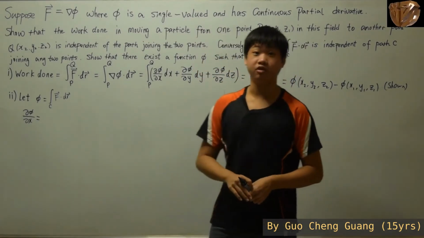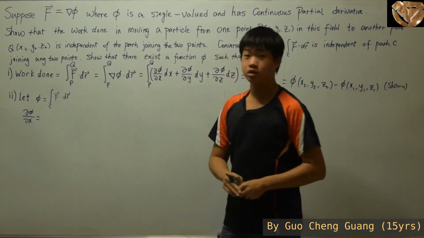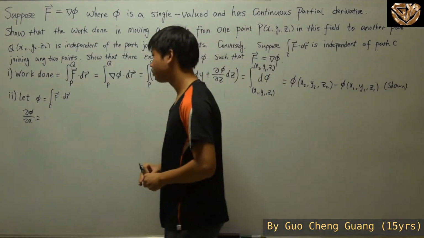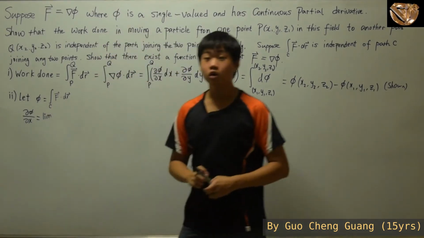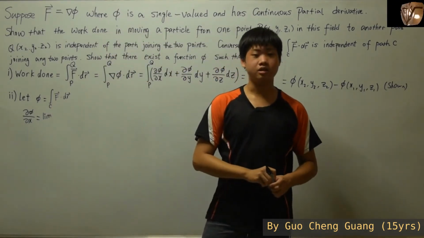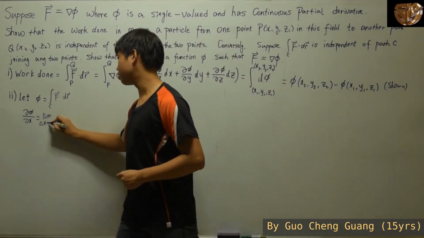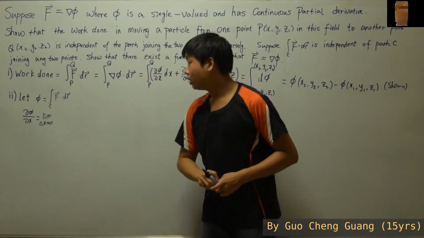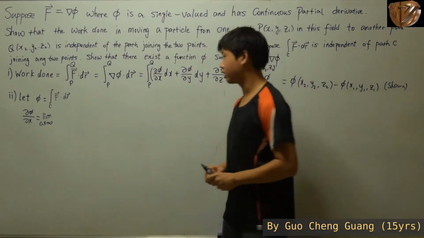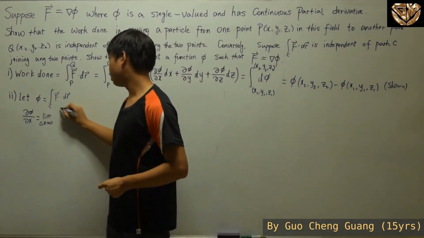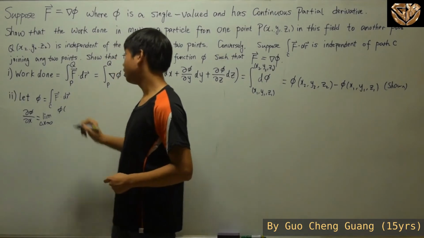Maybe some sort of definition of differentiation, using limits. Since we're using x, let's make it convenient, and we have delta x approaches 0.